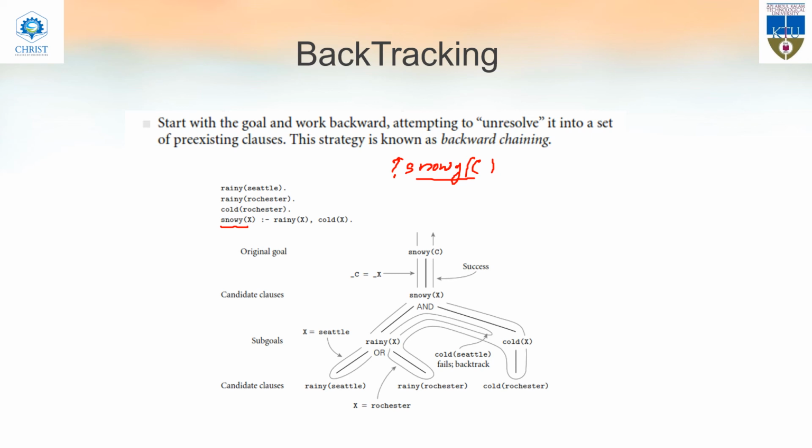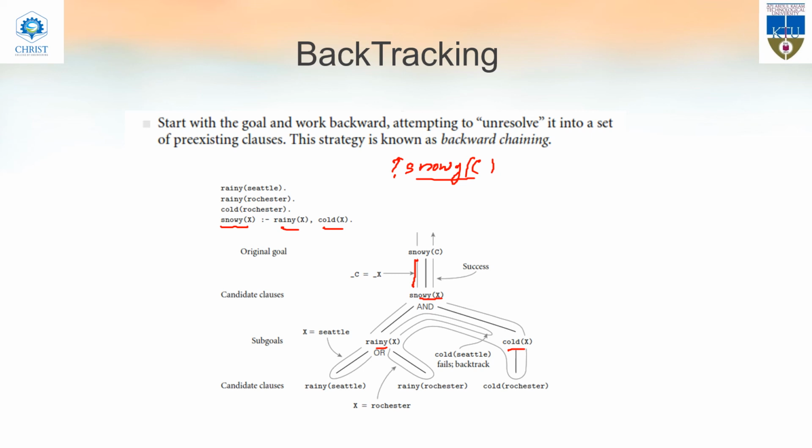It says about X. So this Snowy of C is changed to Snowy of X. What does Snowy of X mean? Snowy of X means it should be rainy of X and also it should be cold of X. So it has two parts. The first one is rainy of X, the second one is cold of X.